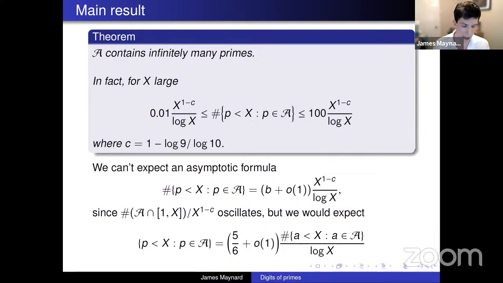But there is often a set of techniques that say if you have some arithmetic information about your set that's relevant for counting primes, but it's not quite strong enough to get an asymptotic formula for primes, you can nonetheless get a lower bound of the correct order of magnitude. So you should think of the upper bound as being much weaker, but the lower bound is really not a trivial thing at all.